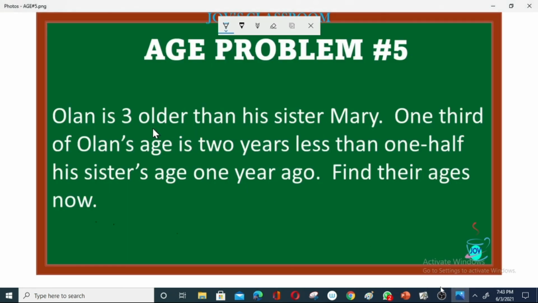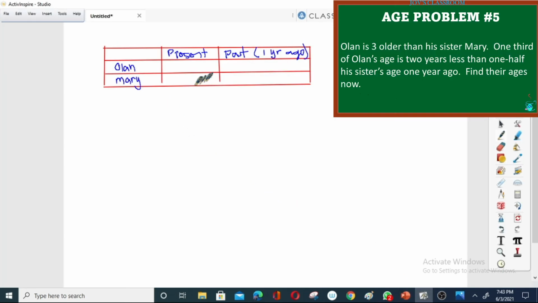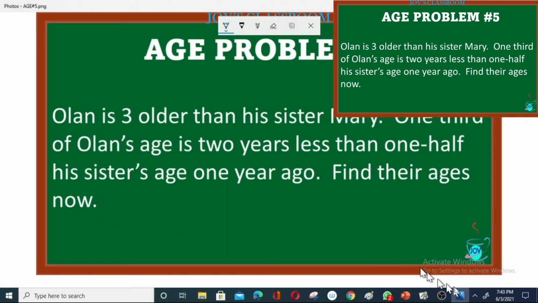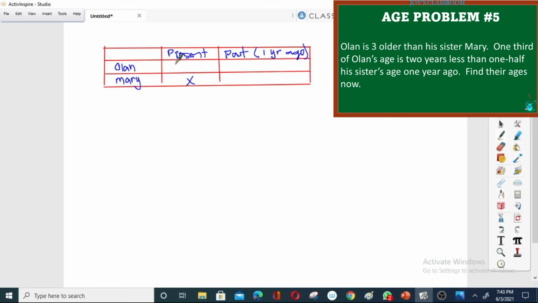So the person that is not described in this problem is Mary, since Olan is 3 years older than his sister Mary. So our x will be Mary. And he said that Olan is 3 older than his sister, so x plus 3.